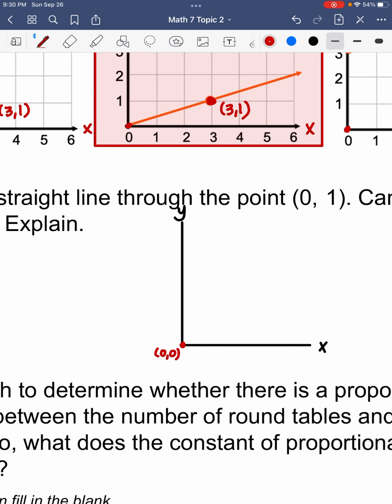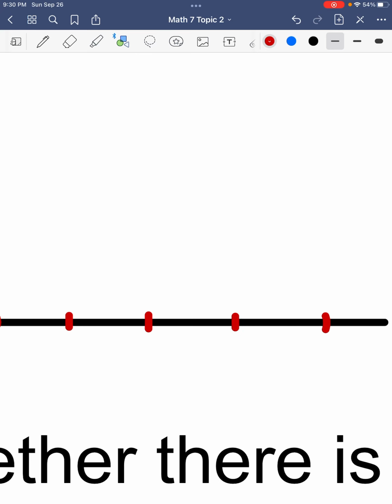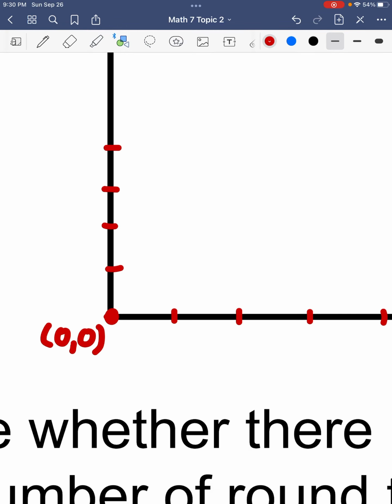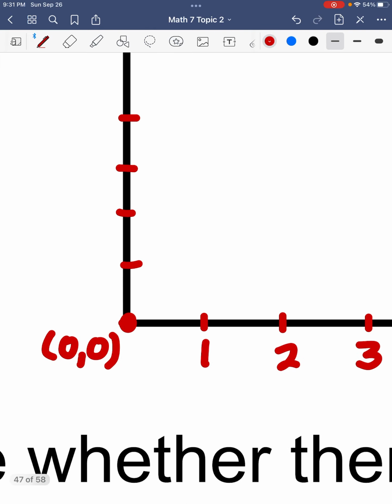Now, let's give myself 1, 2, 3, 4. So I'll go back and label those 1, 2, 3, and 4 along the x-axis, and 1, 2, 3, 4 along the y-axis.